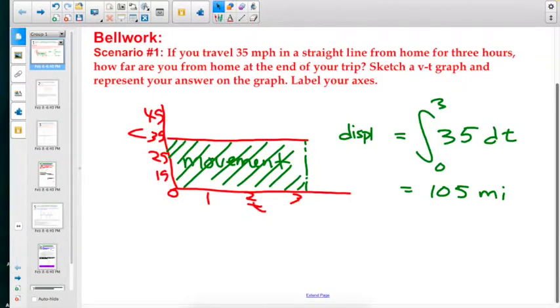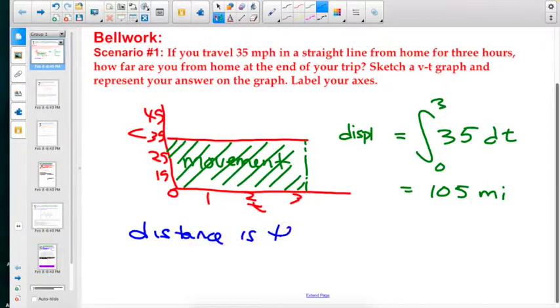But some people answer distance, and today's focus is really to distinguish when we're calculating distance and when we're calculating displacement. In this case, what can you tell me about the distance? The same as this. And Tyler's saying the distance is the same as displacement. He's correct.